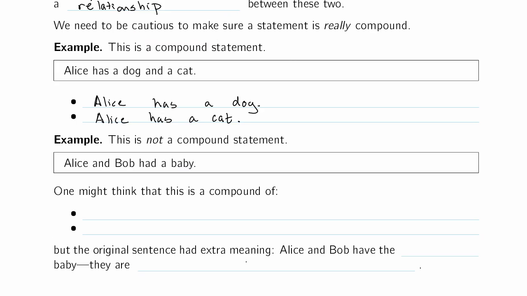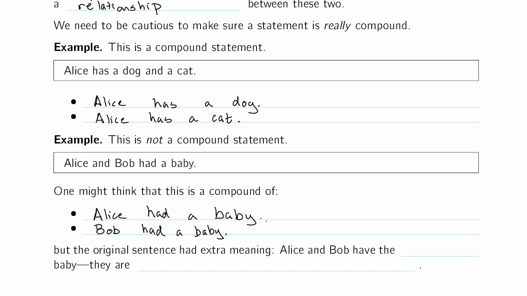Alice and Bob had a baby. Now, this has the same form as the Alice has a dog and a cat sentence. So we might think this is a compound of Alice had a baby and Bob had a baby. But if I told you Alice had a baby on Monday, and I told you Bob had a baby on Tuesday, you would probably think something very different from what you would think if I told you Alice and Bob had a baby.